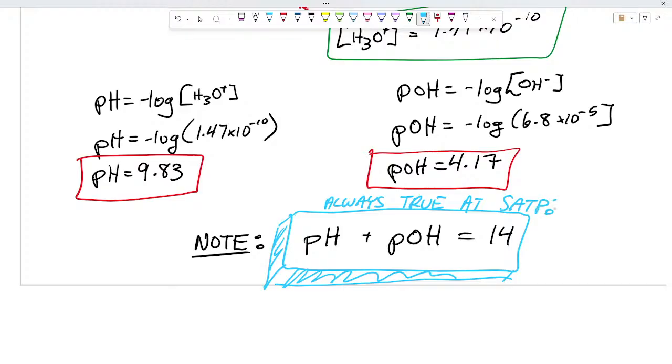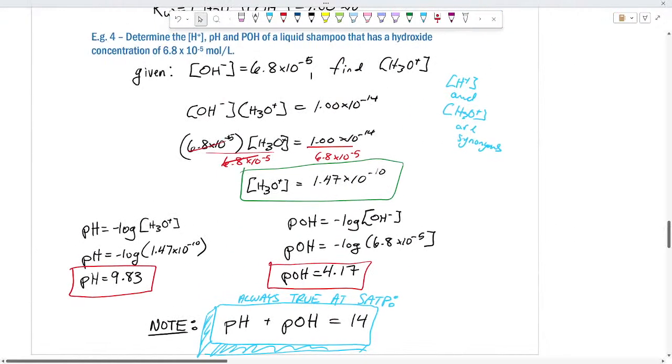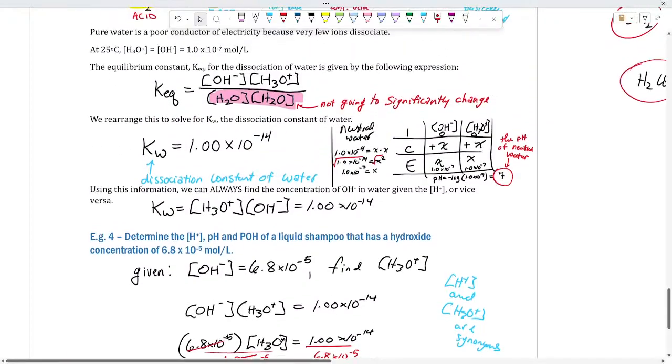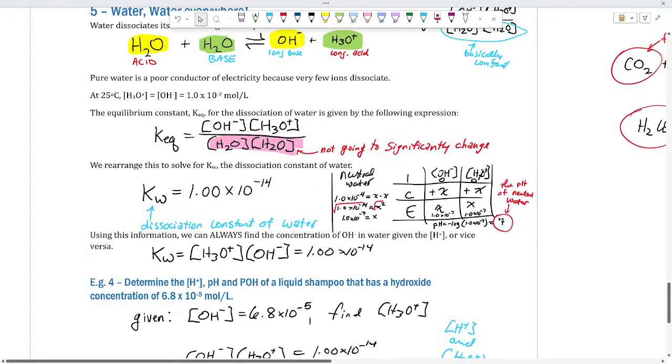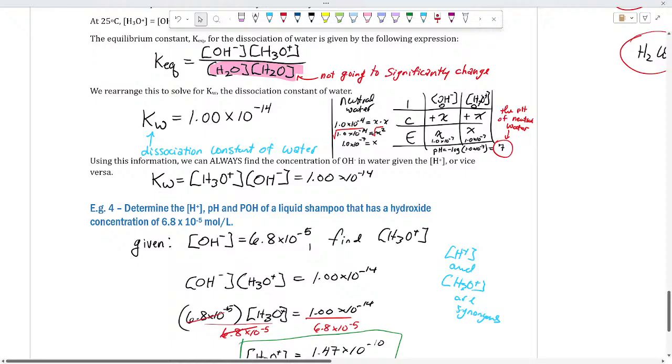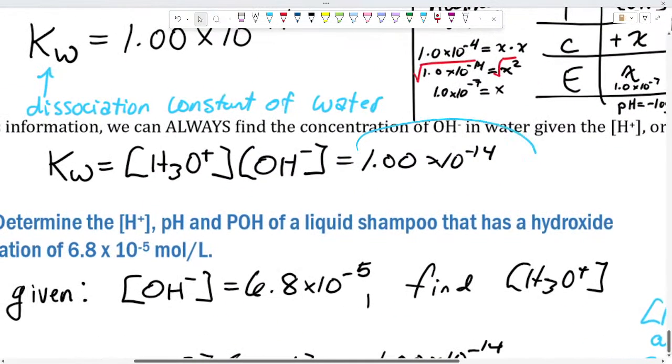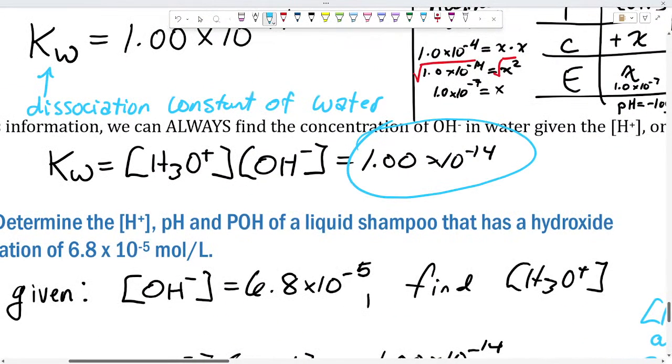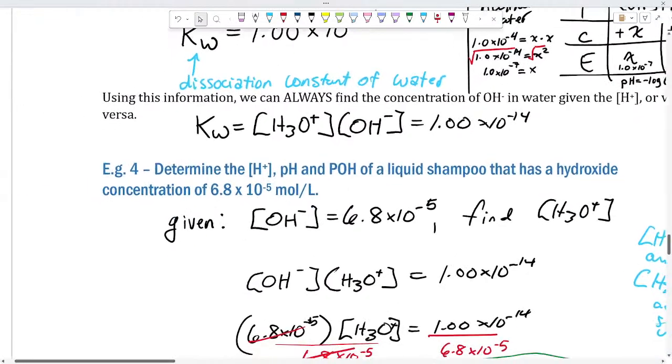Because the dissociation constant of water just so happens to be 1.00 times 10 to the negative 14. The really crazy thing is, that just happens to work out to a round number. It's just one of these rare things in life that gives us a nice number. That didn't have to be, it could have been 3.